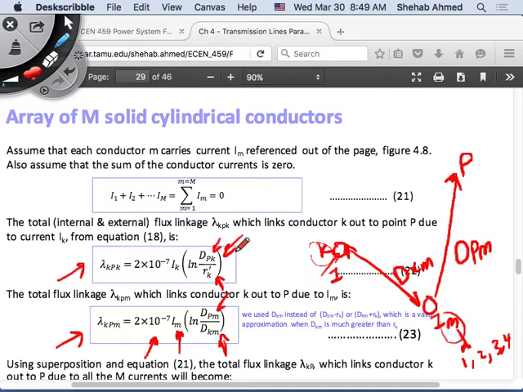If m equals k, it means that I'm looking at the effect of one conductor on itself. If m does not equal k, then we use this equation. Easy? So really, this is a summary of inductance calculation. And after that, for the specific phase you want to calculate, add the flux linkages, divide by that specific phase's current, and that's it, you're done.